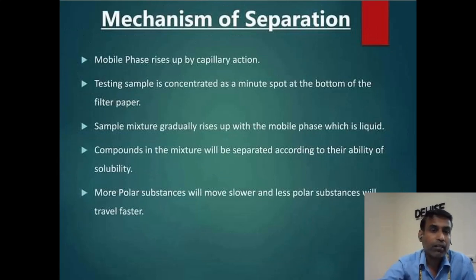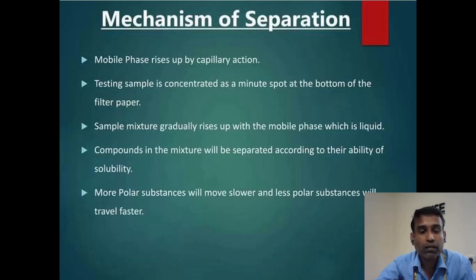Here is the mechanism of separation. The mobile phase rises up by capillary action. The test sample is concentrated as a minute spot at the bottom of the filter paper. The sample mixture gradually rises up with the mobile phase, the liquid medium, and the compounds in the mixture are separated according to their solubility.